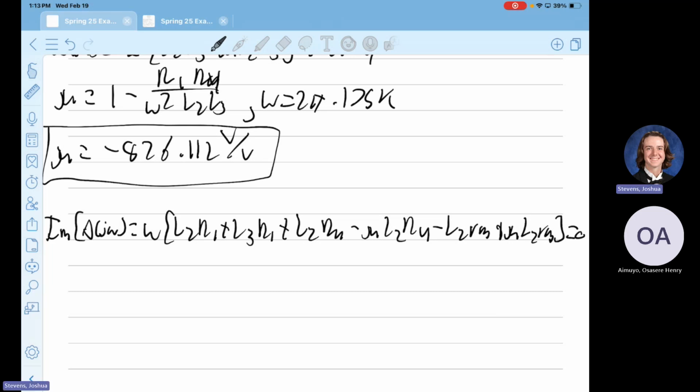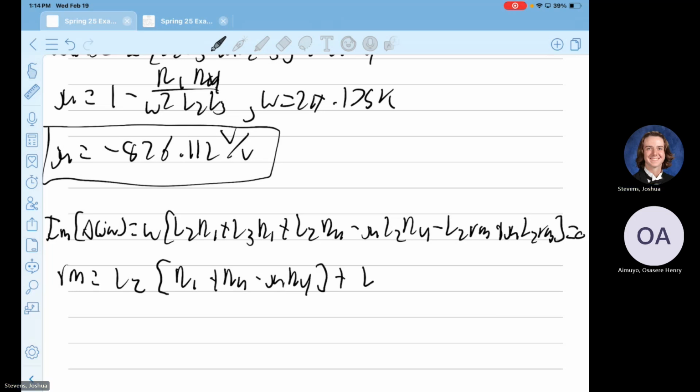I'll spare you the derivation, but when I did the derivation, I found that Rm equals L2 times R1 plus R4 minus mu R4 plus L3 R1 all over L2 times 1 minus mu.